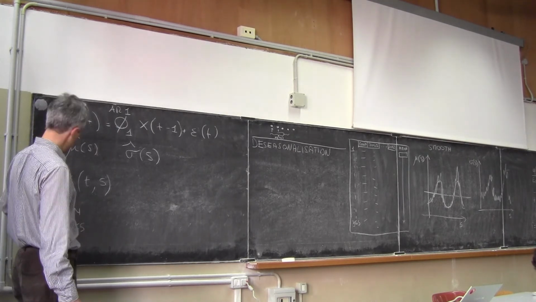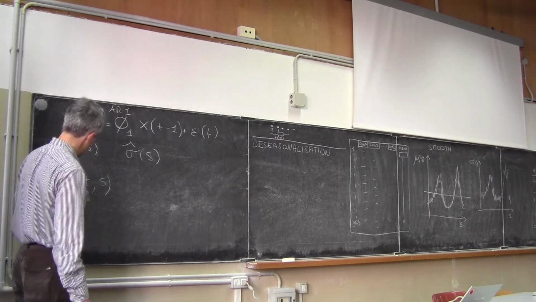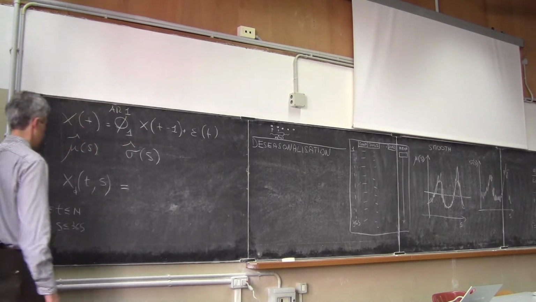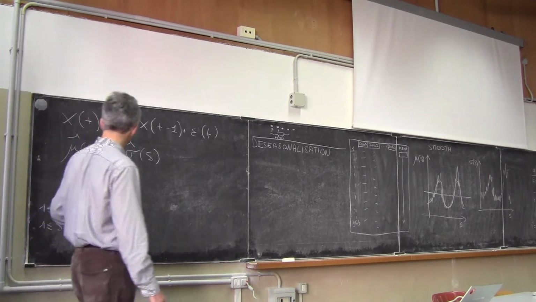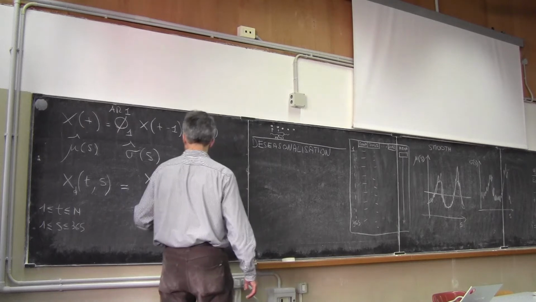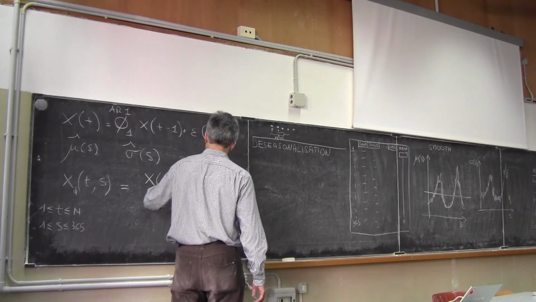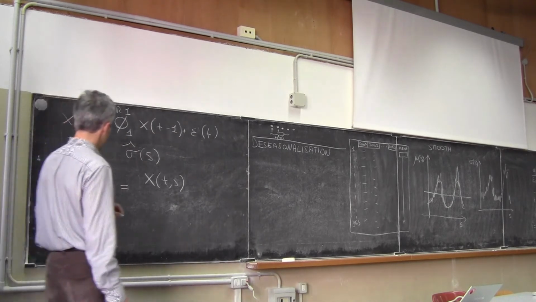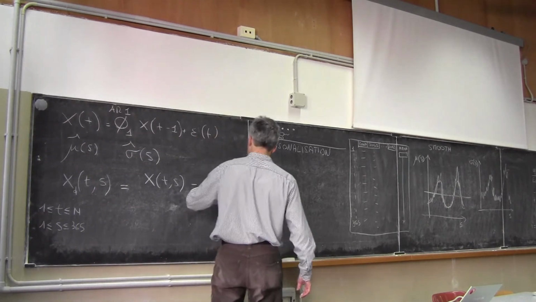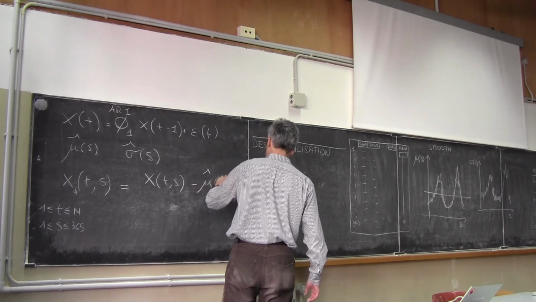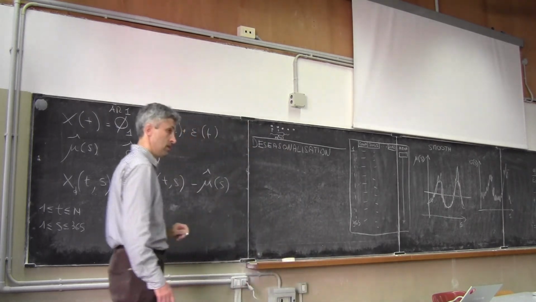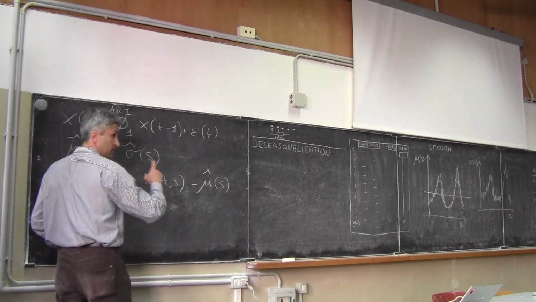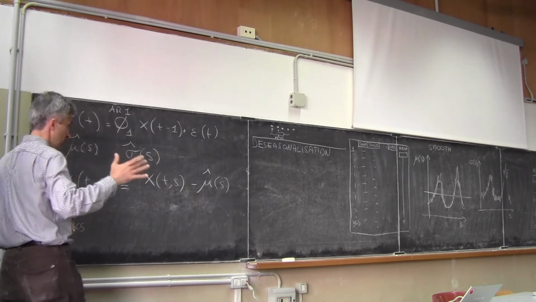Now let me put to this x the subscript t, which means this is the standardized series. And this is equal to x_ts, without the seasonality, minus mu hat s. What I'm doing here is just subtracting the mean, with the only difference that the mean is changing for each day.